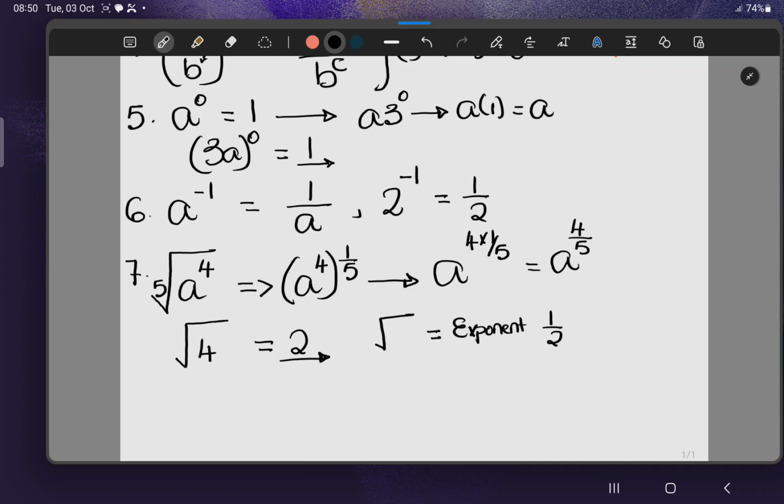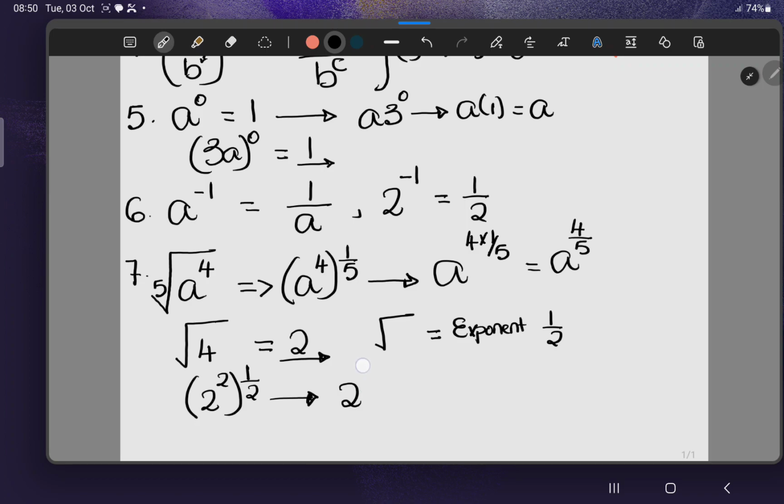What does that mean? So now let's go back to this 4. We're going to change 4 into exponential form, which we're still going to figure out as time goes by. So that will be 2 squared. Therefore, this root is the same as 1 over 2. Then we're going to apply the third law of exponent.